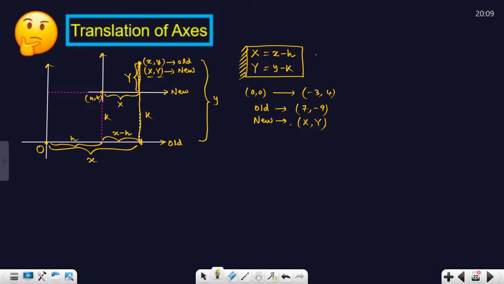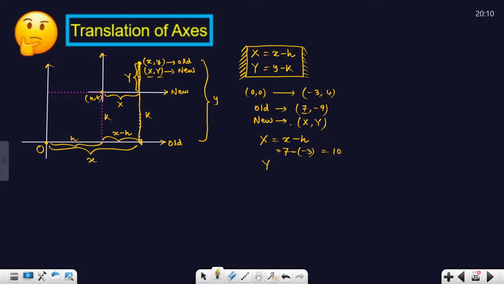We will simply apply this formula. Your capital X will be small x minus h. What is your small x in this case? Your small x is 7. And what about your h? H is minus 3. So the value is 10.